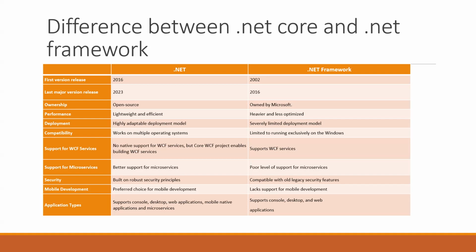So coming to security, both .NET and .NET Framework place a strong emphasis on security. It is crucial to acknowledge their abilities in terms of supported security features. The .NET Framework maintains compatibility with old legacy security features, while these features may still be effective, they may lack the incorporation of latest advancement and contemporary security measures found in .NET.